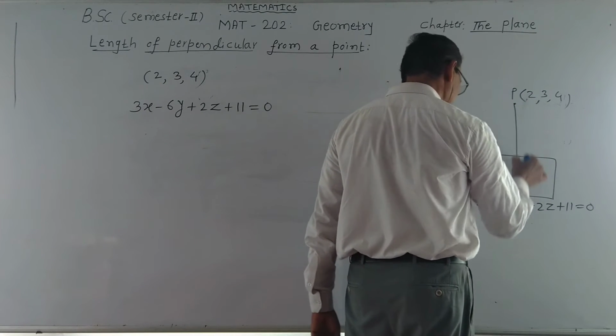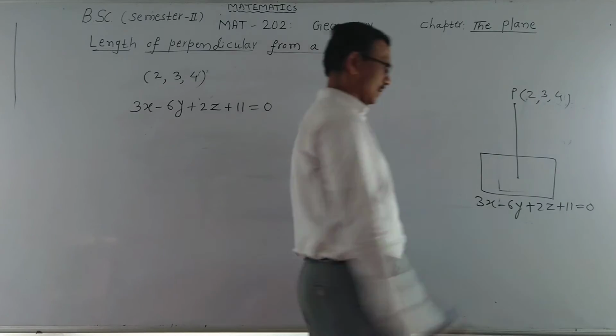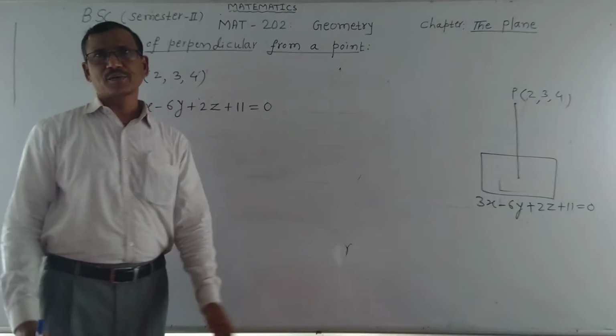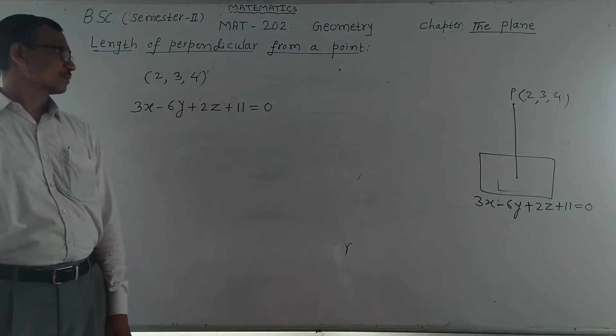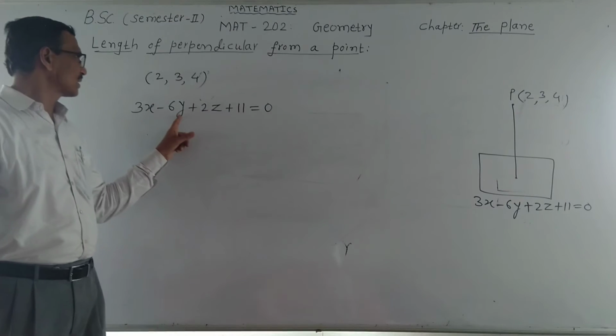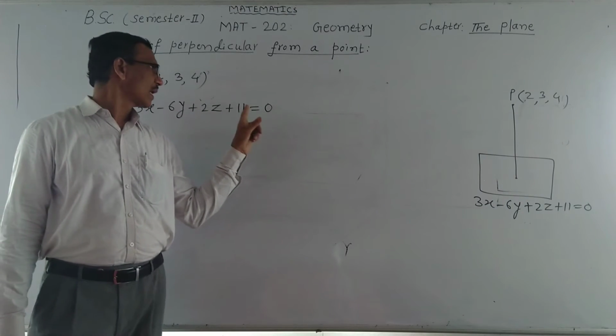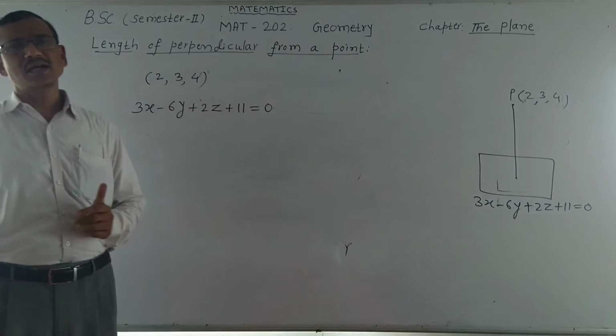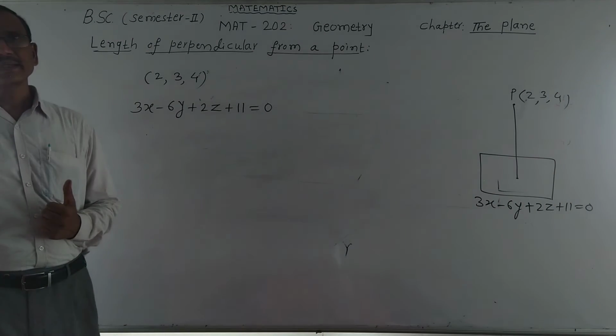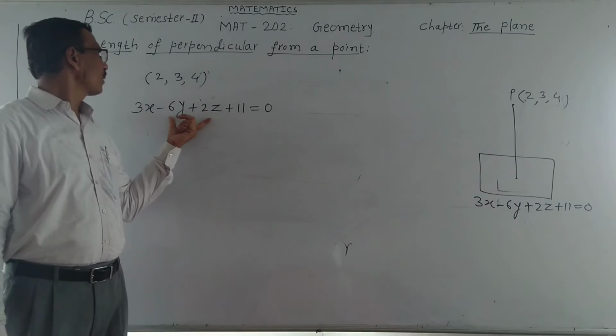Then we have to find this perpendicular distance or perpendicular length. This is the equation of the plane in general form.